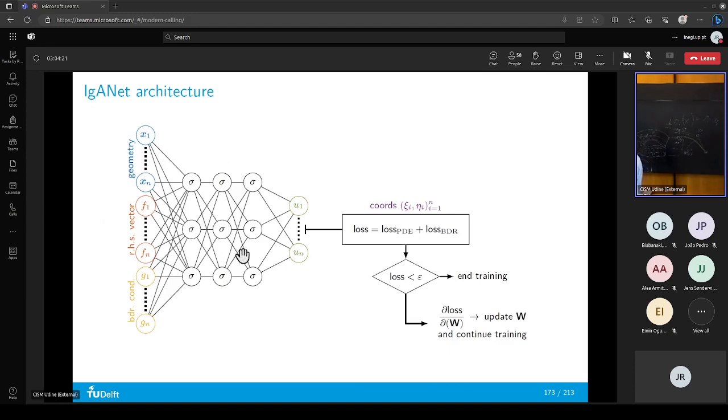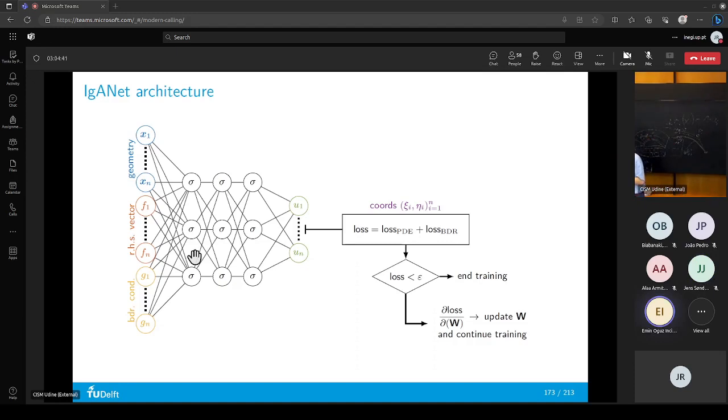So I don't have to retrain from scratch, but I can only initialize the first layer of weights randomly or somewhat, and then start from there retraining this network. Okay, thank you.